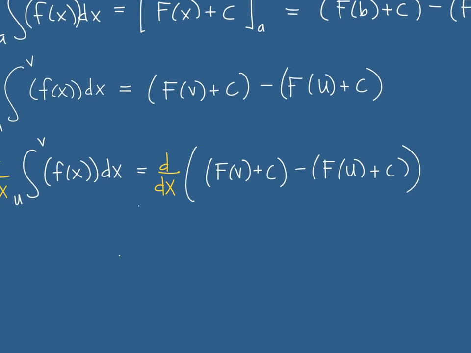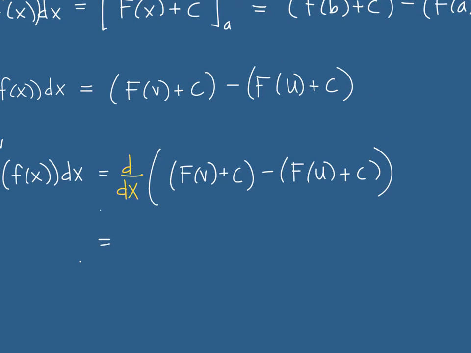Okay, what will that be equal to? All right, well, let's take the derivative of each piece. This is just an addition and subtraction problem, so we can take the derivative of each piece. How do I take the derivative of capital F of v? Remember that v is a variable. What do I do? What's the derivative of capital F? Little f, right? The derivative of capital F is little f.